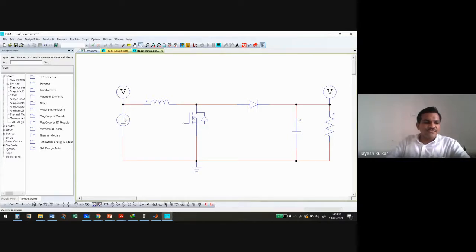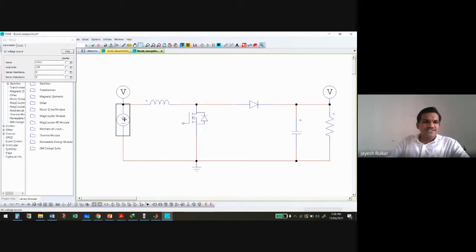So for this step up converter, Vs is 12.